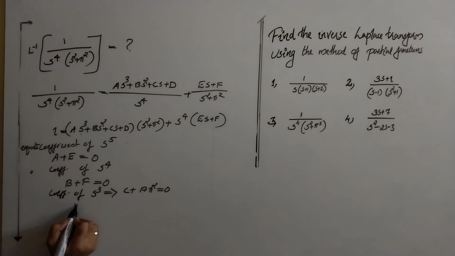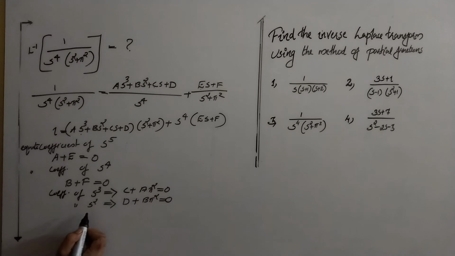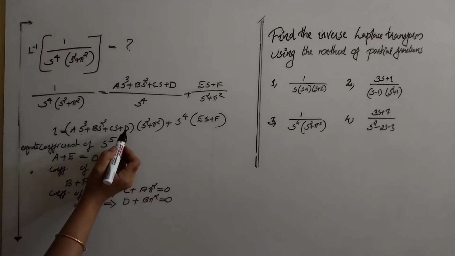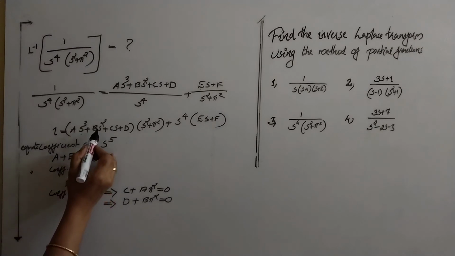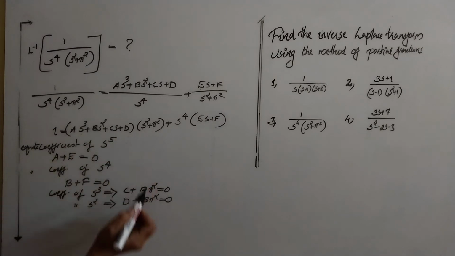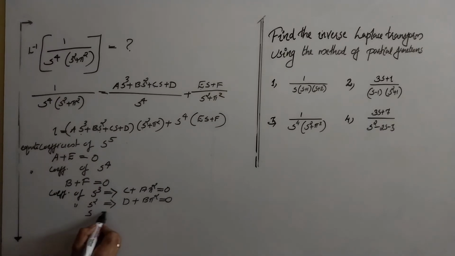Now equate the coefficient of s square. This implies d plus b pi square is equal to 0. d into s square, d plus b s square into pi square, so b pi square is the coefficient of s square. Now equate the coefficient of s. This implies c pi square is equal to 0.